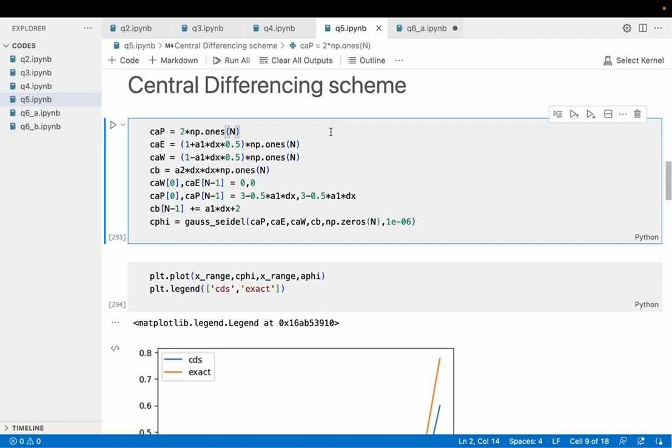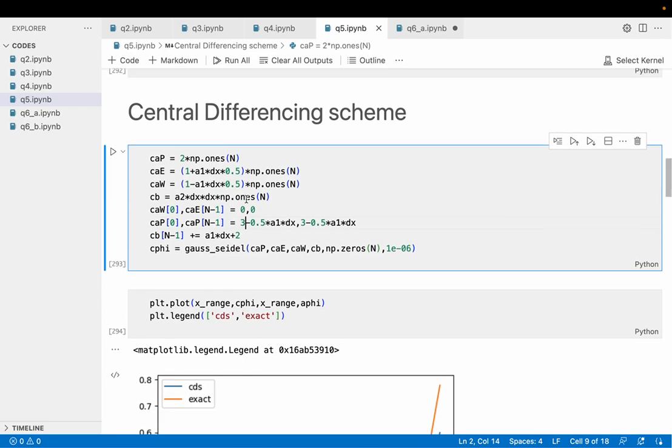In this particular case your AP is, when you add these two, your F's will cancel off, so I've just written 2 times the entire coefficient. For the boundary cells, you have east and west boundaries, you equate the coefficients to 0 and appropriately update your AP values. Your AP will have an additional term. In this particular case your boundary conditions are Dirichlet conditions, so you have a 2 times term coming up.